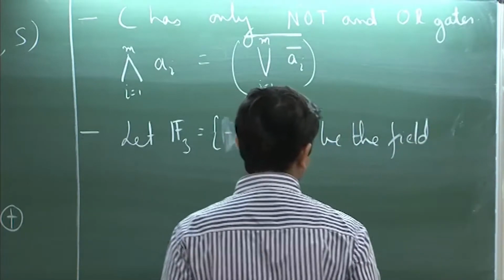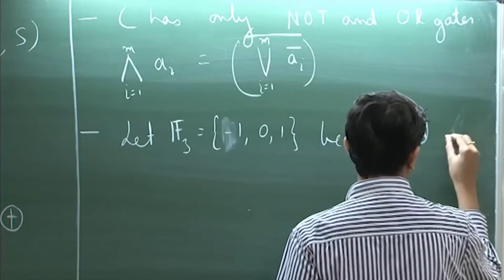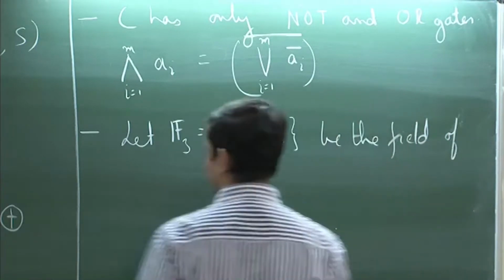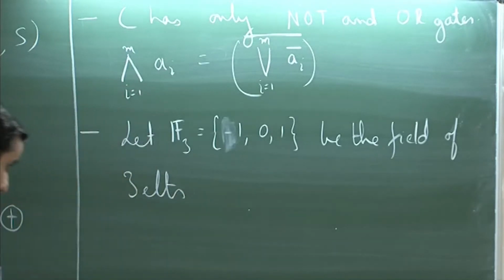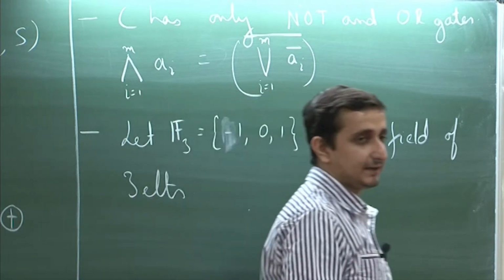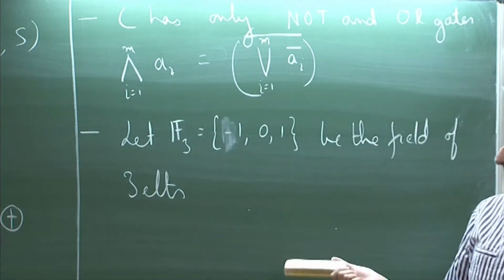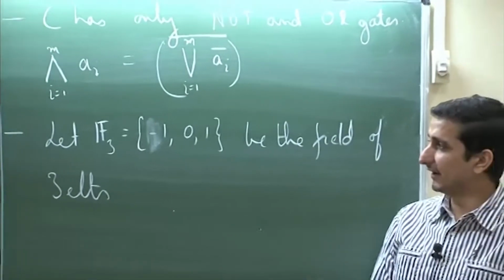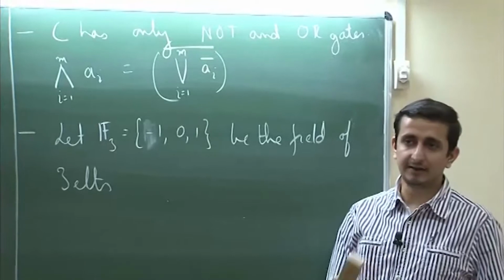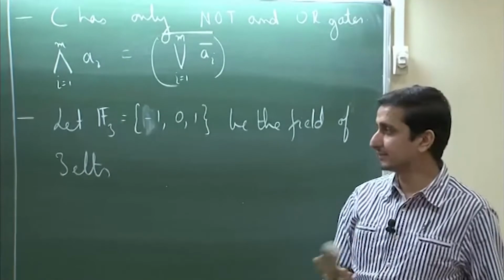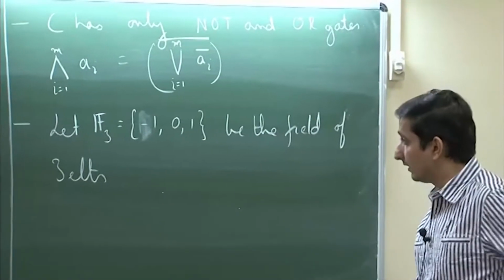As I said during our discussion of the IP protocol, fields have this nice property that they are closed under addition and multiplication, and they contain the inverses of these respective operations as well.